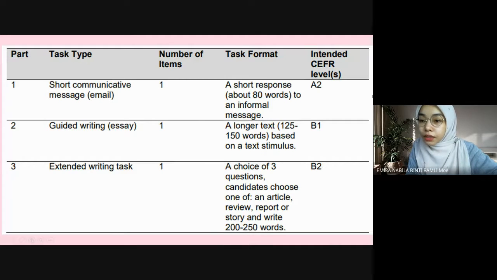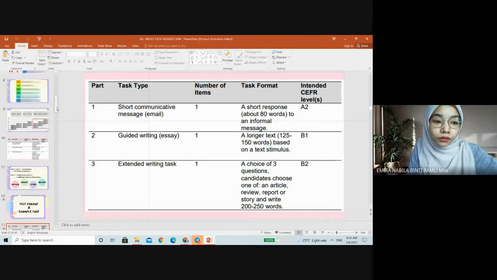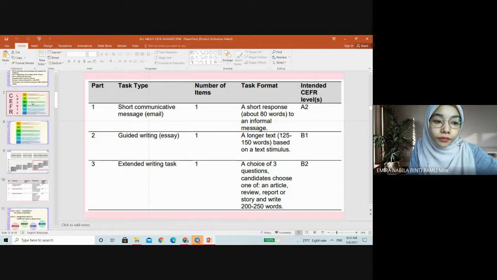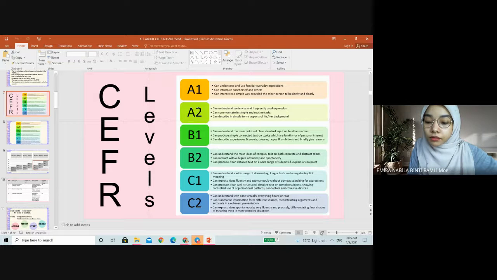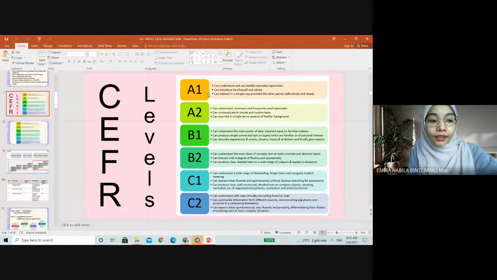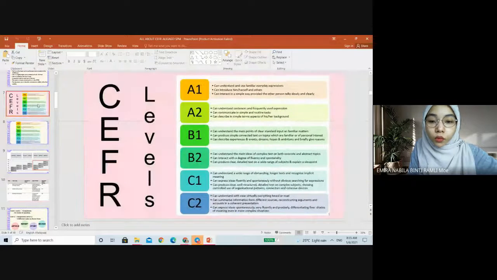Kalau awak nampak dia punya level kat tepi ni, A2, B1, B2, I'll just show you apa maksud A2, B1, B2 ni. This is from an examiner's point of view. So these are the levels. Tadi dia kata dekat email you kena capai at least sekurang-kurangnya A2. So what is A2?